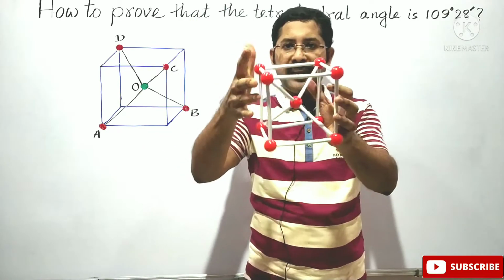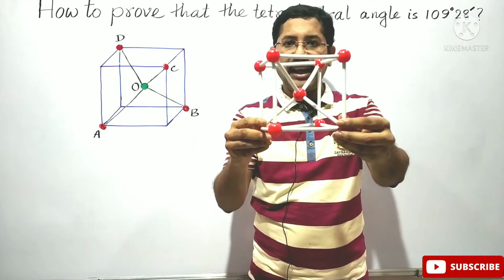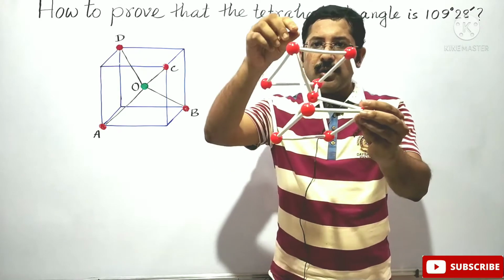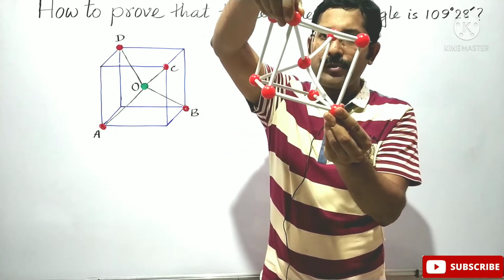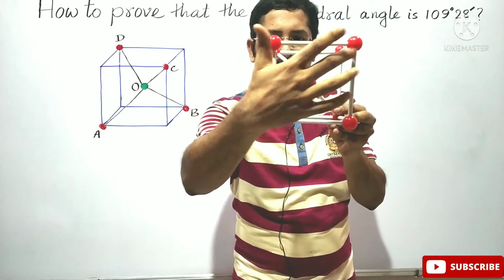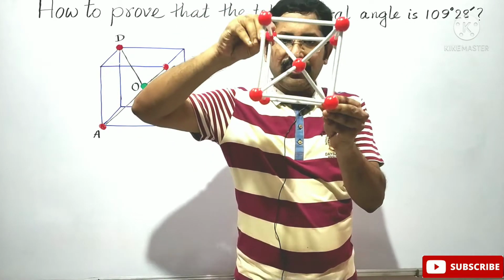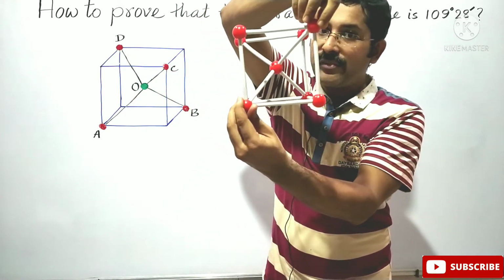Look, a cube has 8 corners. The alternate corners of the cube are actually the 4 vertices of the tetrahedron, right? So this is very important. Look at here, these are 2 opposite corners. So these 2 are the face diagonal atoms of this face, and these two are the face diagonal atoms of the opposite face.